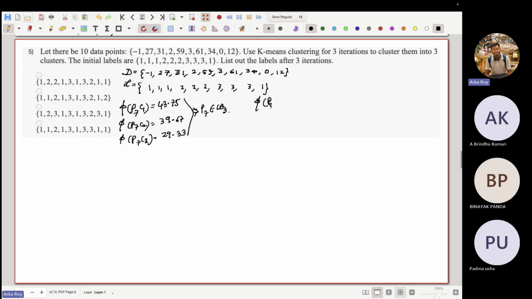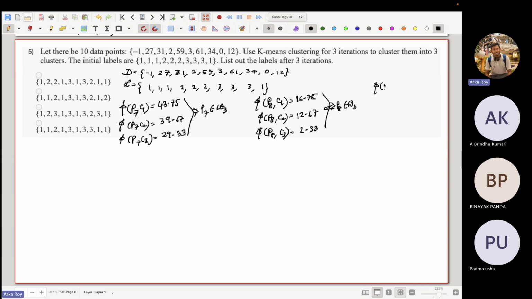Then P8 C1, P8 C2, P8 C3 equals 16.75, 12.67, 2.33. P8 belongs to omega 3.